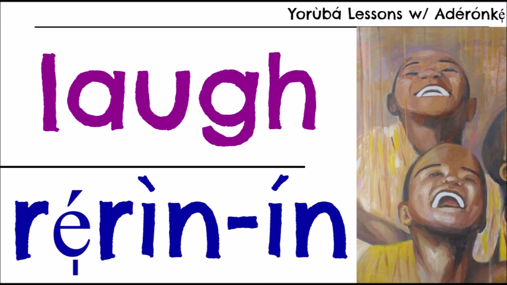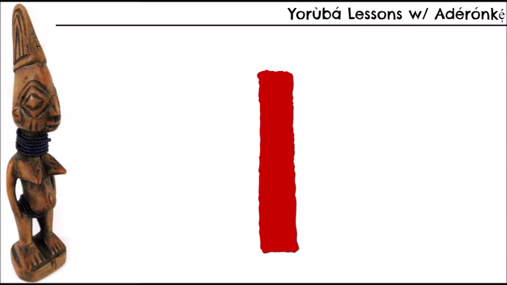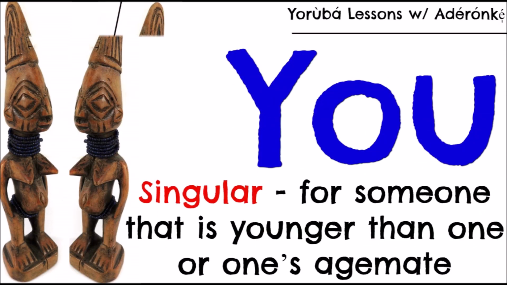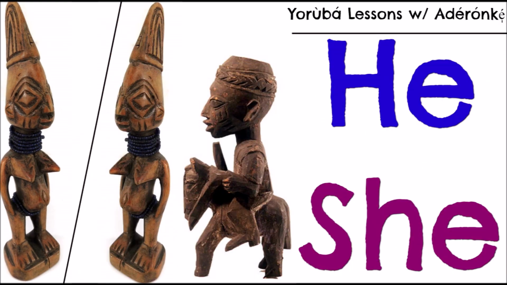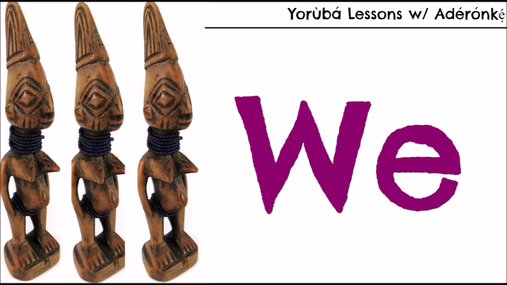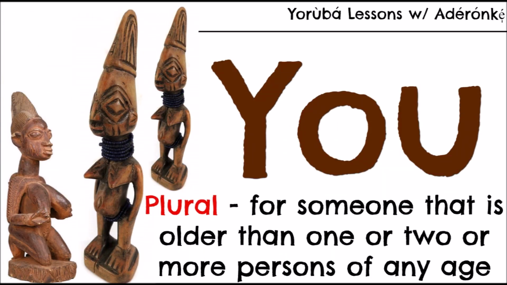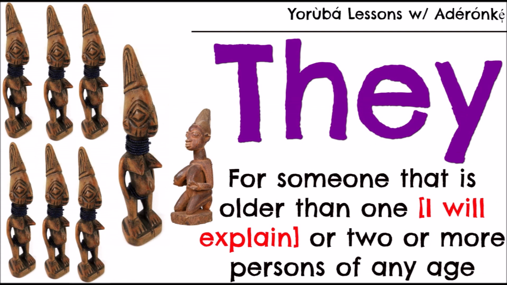And if you've seen any of my previous videos on verbs, you would know that I involve pronouns. So I do I, you, he, she, or it, we, you as in the plural sense, when you're talking to one person that is older than you, or two or more persons of any age, or a group of people, and they.